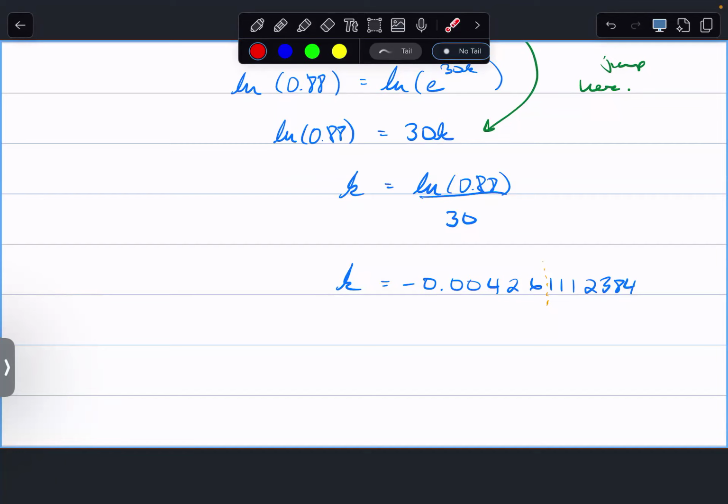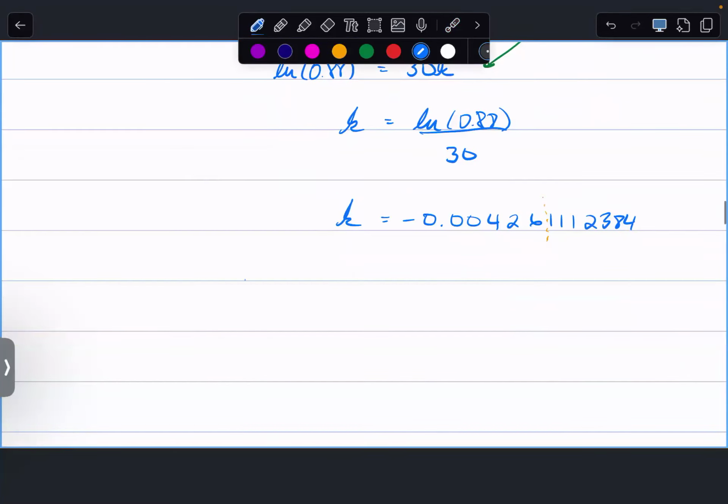So let's see here. Let k be negative 0.00426, which is what, 5 decimal places.